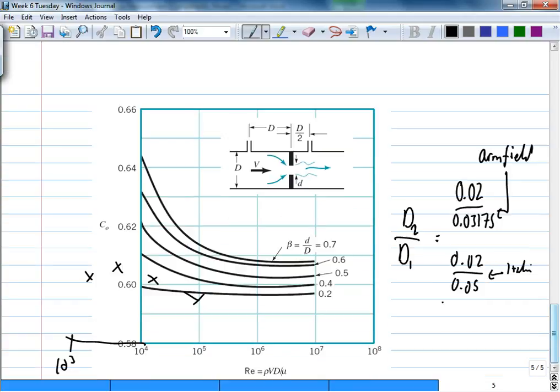So this one is around 0.4. Ideally you should follow this line in a perfect world.